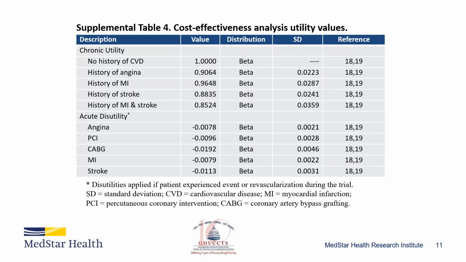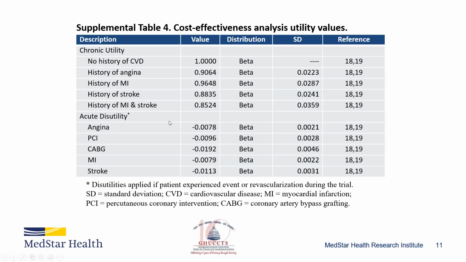But if they've had a history of, say, for example, stroke, then the utility is decreased, and it's like 0.88 in our example here. Or if they have a history of both an MI and a stroke, that's even lower.